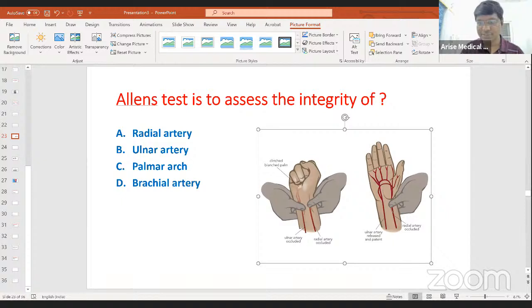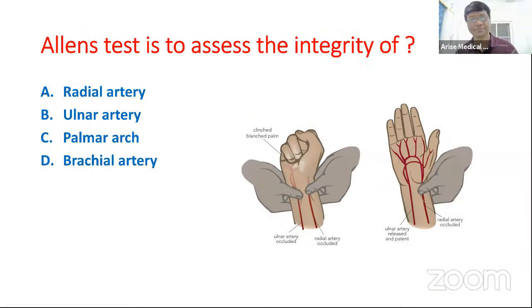Yes. Answer this question. Allen's test is used to assess the integrity of: radial artery, ulnar artery, palmar arch, brachial artery.